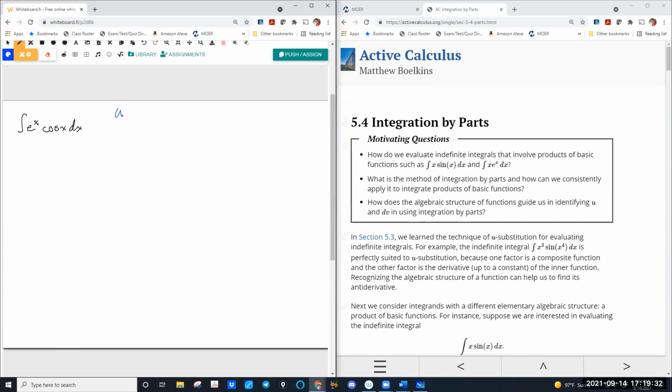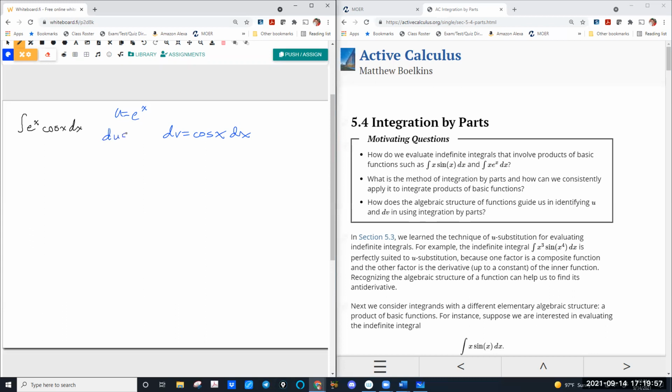All right, so nothing's getting easier and nothing's getting harder. We're going to let u equal, let's say, e to the x. We're going to let dv equal cosine of x dx. All right, just arbitrarily pick those because the derivative or antiderivative, this is still e to the x. The derivative or antiderivative, this is sine or negative sine depending on which route.